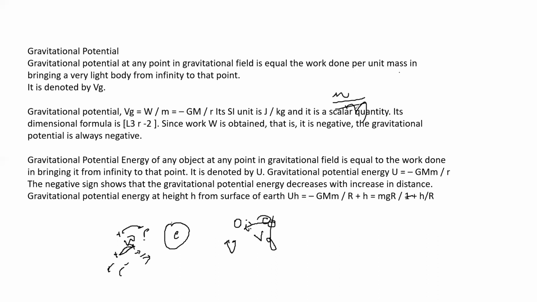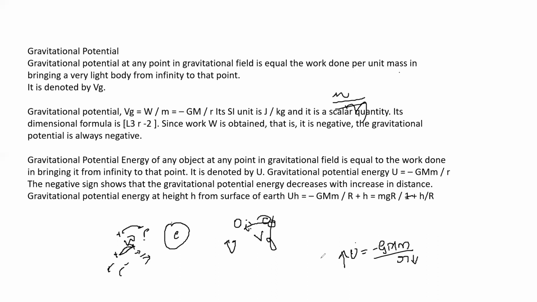The negative sign shows that the gravitational potential energy increases with increase in the distance. You can see the expression is written as U equal to minus G M m divided by r. As r is in the denominator, when the r value decreases, the gravitational potential energy decreases.